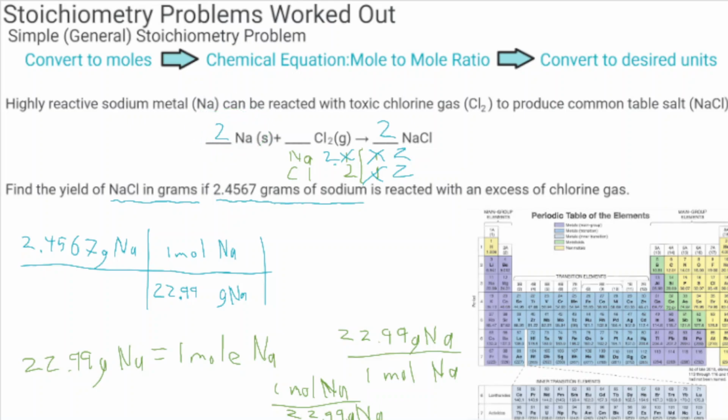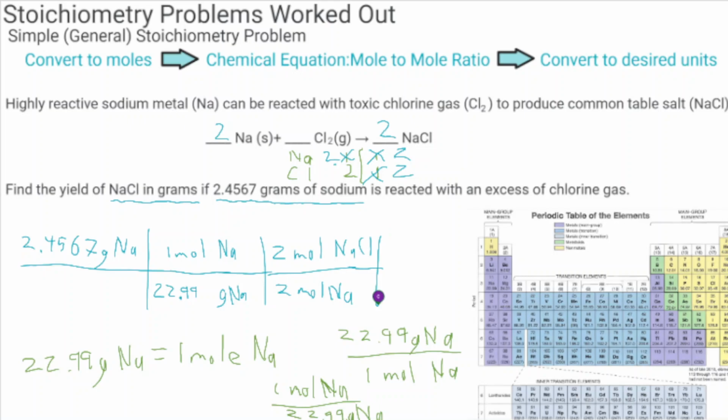So we're going to say for every 2 moles of sodium, we can produce 2 moles of sodium chloride, so we can get to our desired compound. So we're going to have 2 moles of sodium for every 2 moles of sodium chloride.